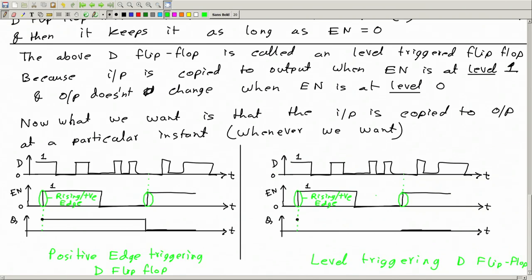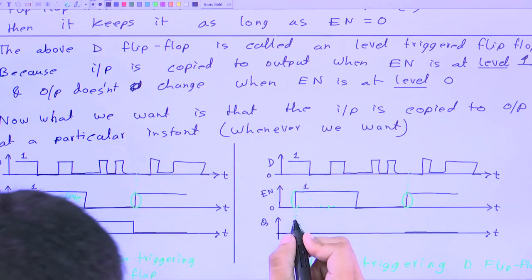So, in this case what will happen is this: the portion where this enable is 1, that means from here to here, the output will be same as the input.